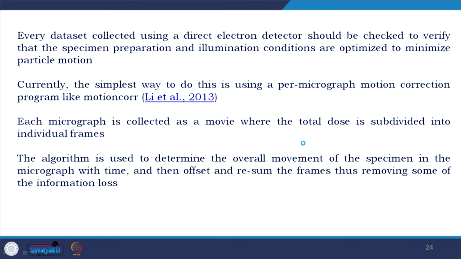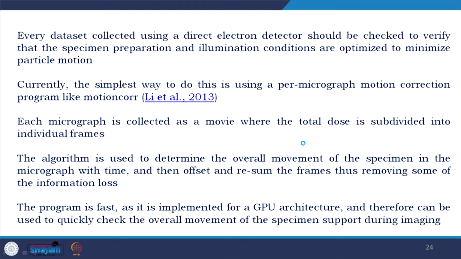The algorithm is used to determine the overall movement of the specimen in the micrograph with time and then offset the frames before summing them, thus removing some of the information loss. The program is fast as it is implemented for a GPU architecture and therefore can be used to quickly check the overall movement of the specimen support during imaging.